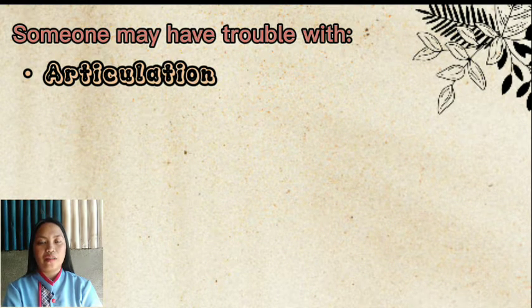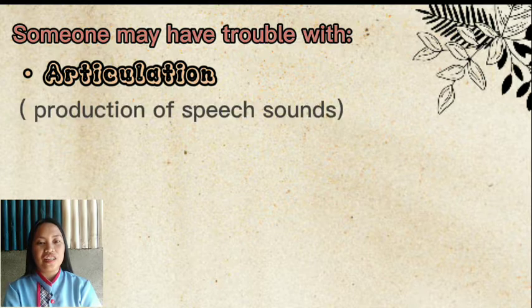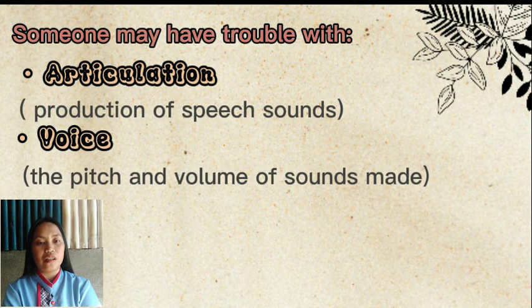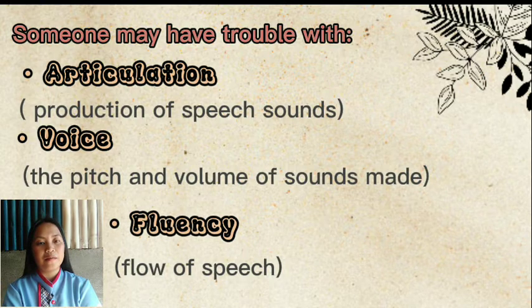Someone may have trouble with articulation or the production of speech sounds, such as lisping, when a person substitutes the letters S and Z with TH. Next is voice, or the pitch and volume of sounds made. And lastly, the fluency or the flow of speech, such as stuttering or stammering.